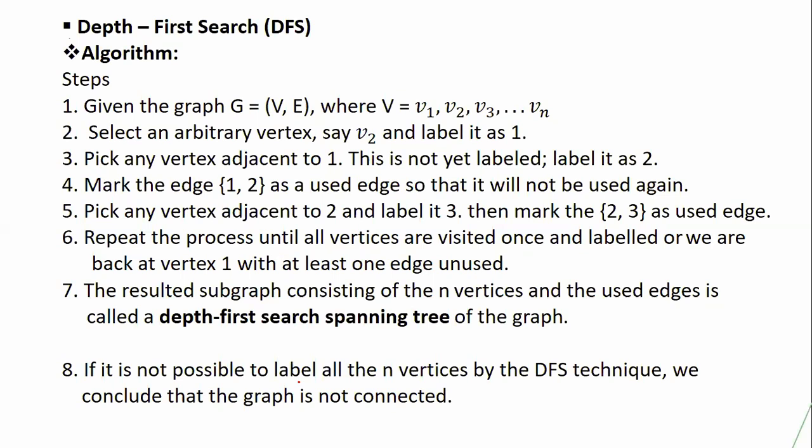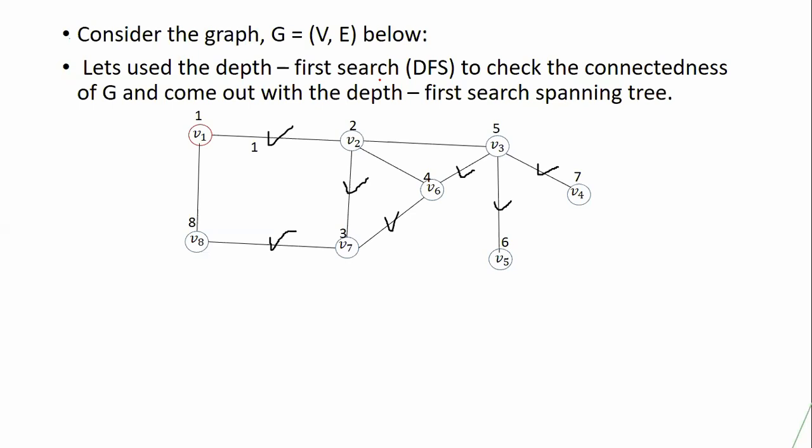So let's go to the example so that we go through this algorithm and see how we can check it. Let's consider the graph G equals (V, E) below. As you can see here, this is G. Now per the DFS technique, pick any one of the vertices. We have 8 vertices.